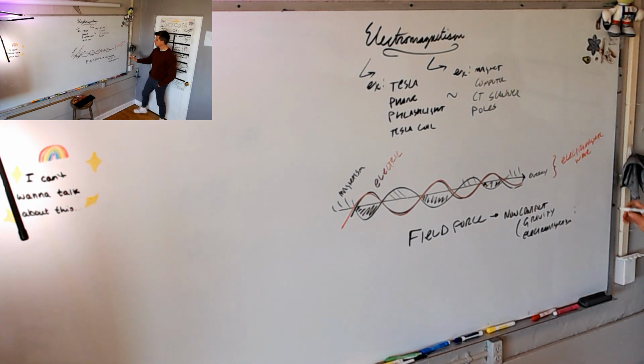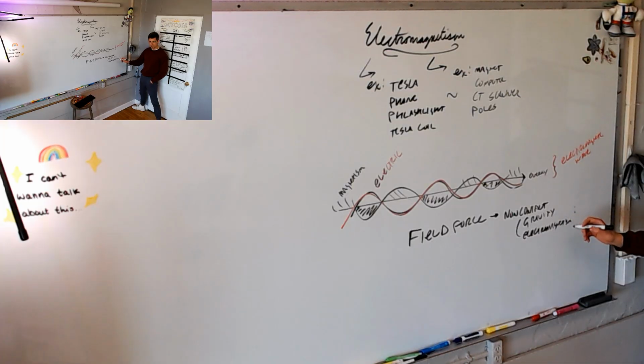And I want to show you the equations for these. I really wish I left myself more room over here. The force of gravity is the universal gravitational constant times the product of the two masses divided by the distance between them squared.